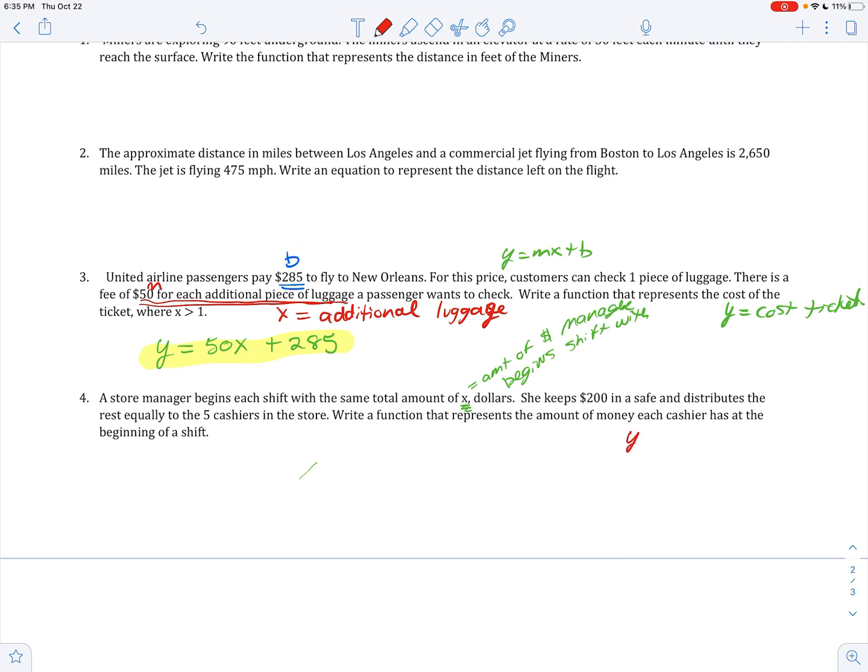All right, so y represents the money each cashier has at the beginning of the shift.